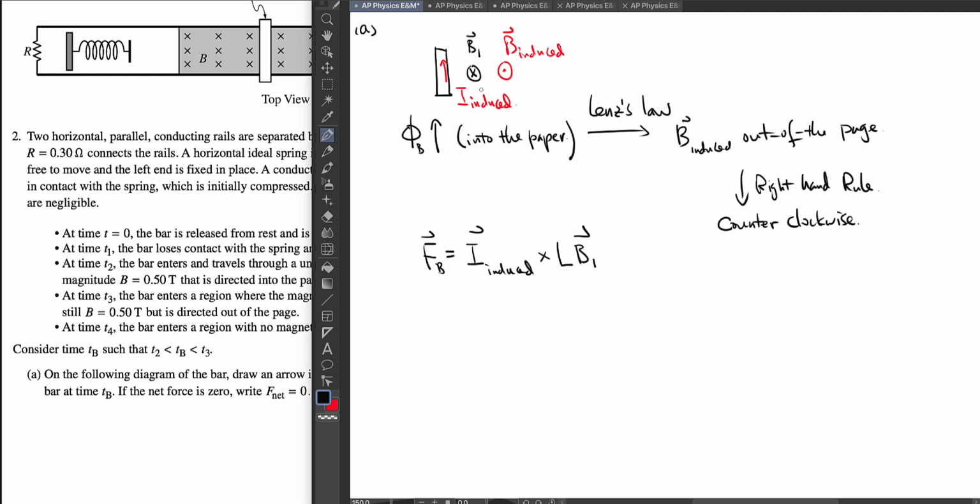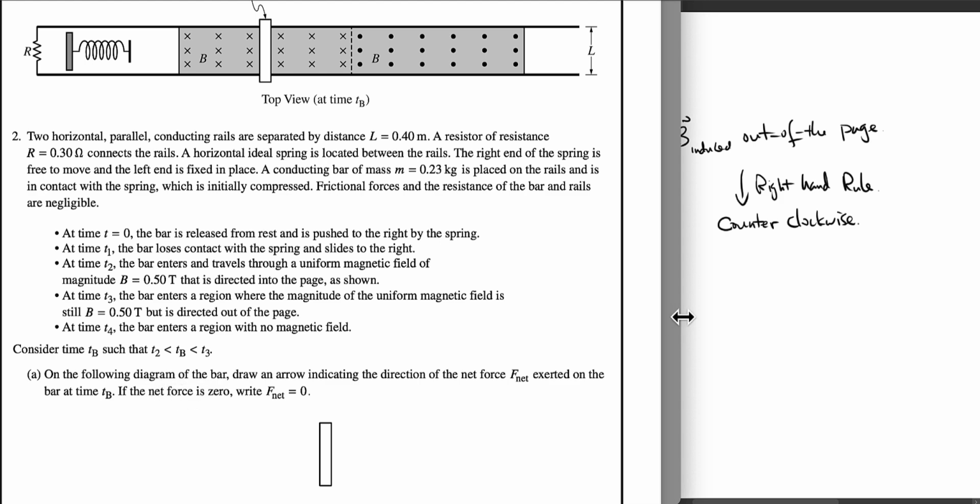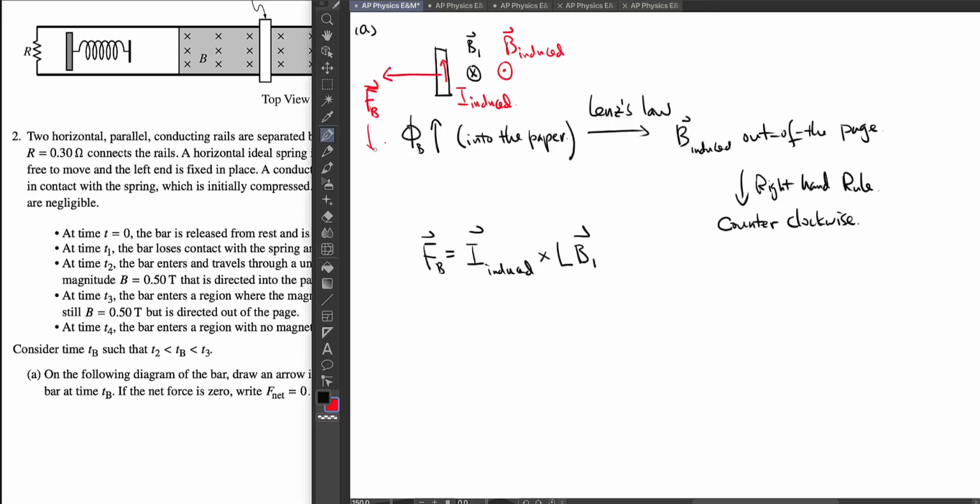So now if you do IL cross B using the right hand rule, the force direction is to the left. Okay, so that's why we should draw FB to the left side, and that is the net force. So FB here is the net force, because the gravity and the normal force from the rails are both in the vertical direction and they cancel out. So the only net force here is FB.